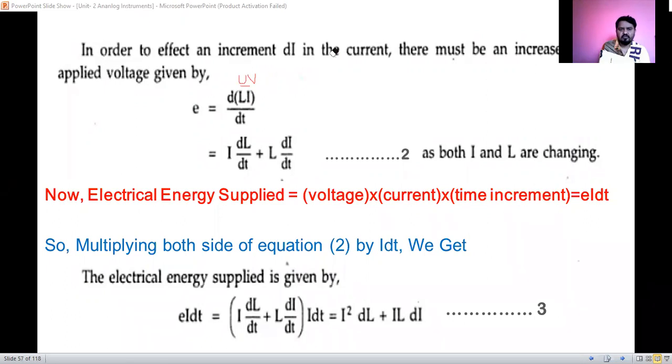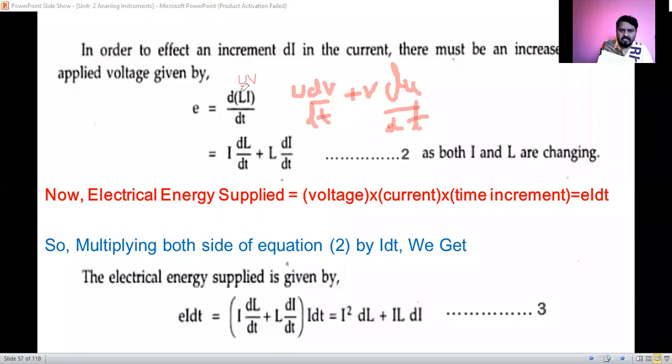Differentiation of UV: U dV/dt plus V du/dt. Yes, we have done it like this only. This is the standard formula in mathematics: U into dV/dt plus V into du/dt.